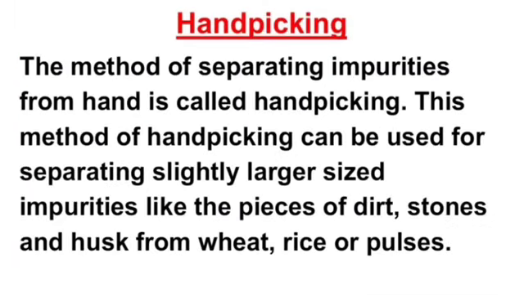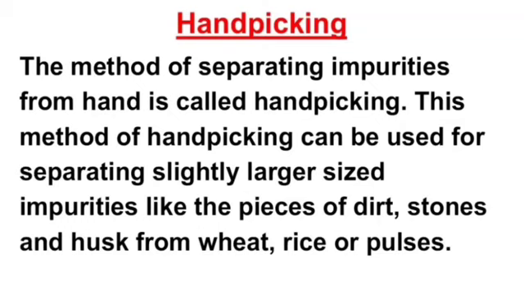Our first method is hand picking method. The method of separating impurities by hand is called hand picking. Like if we separate the impurities by our hands, then this method of separation is called hand picking.